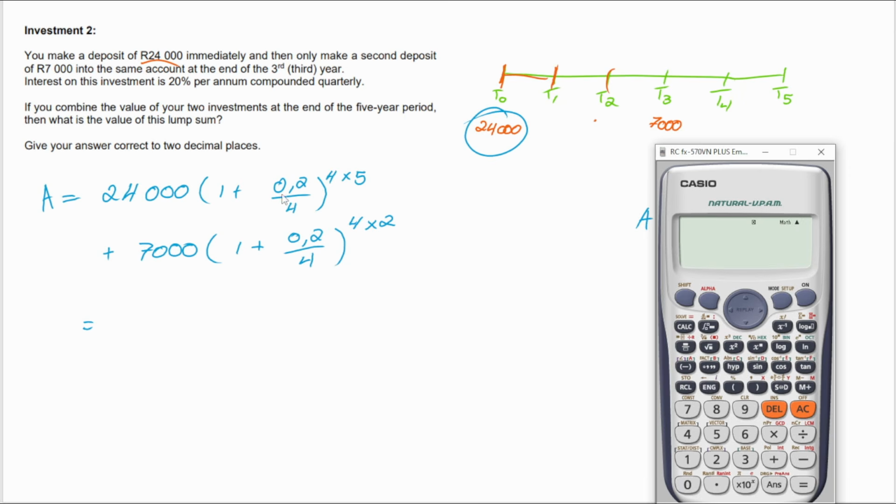You see how this thing comes up twice, right? It's 1 plus 0.2 over 4. So what I can do is I can just store this as A. So have a look at this. I do 24,000 times A, and A is to the power of 4 times 5, plus 7,000 times A to the power of 4 times 2.